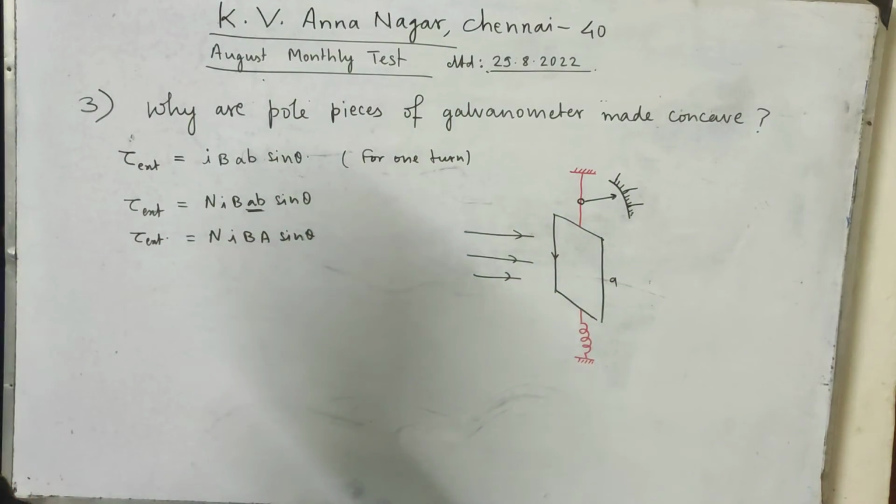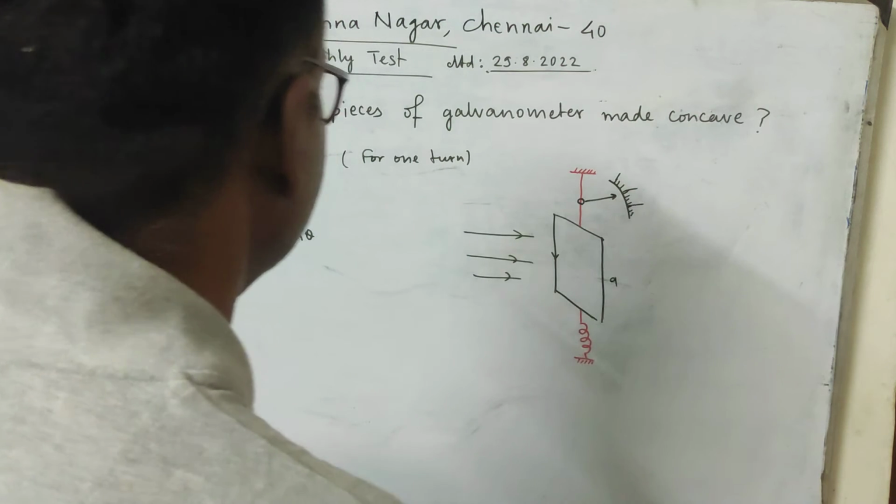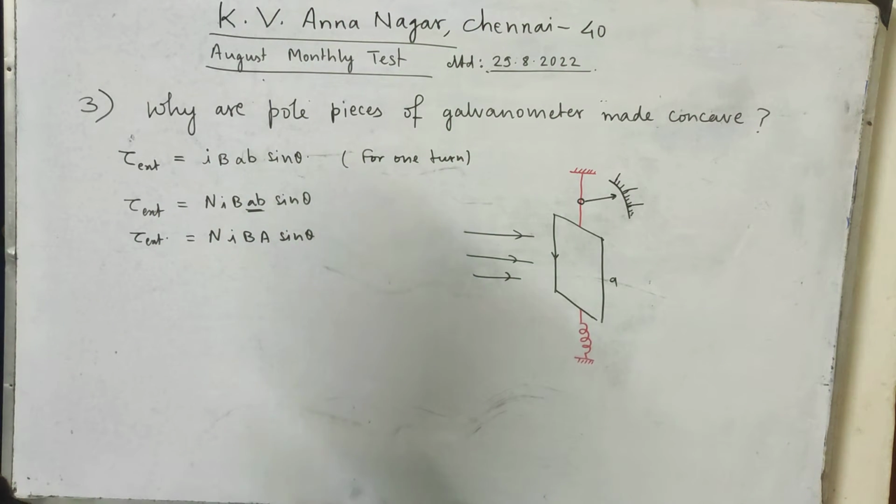So whenever current flows through this, there will be a deflection. Let that deflection be phi, because I have taken theta here.